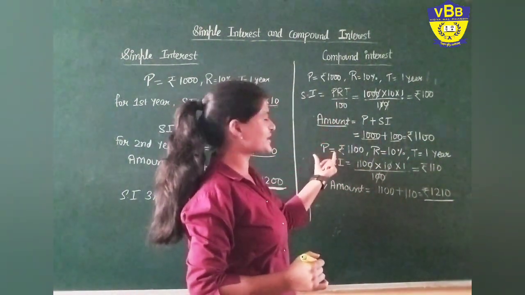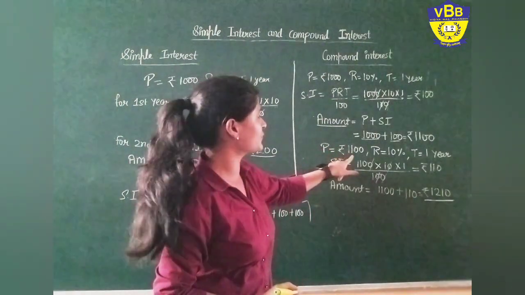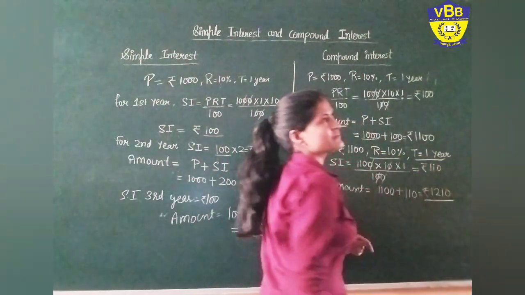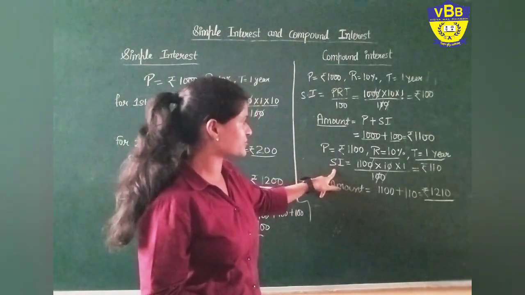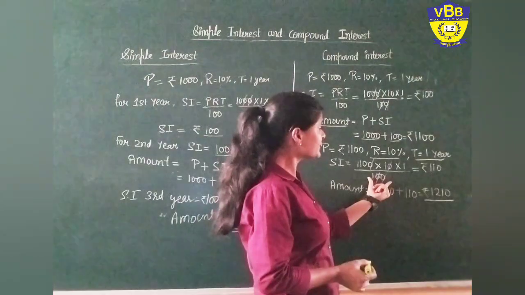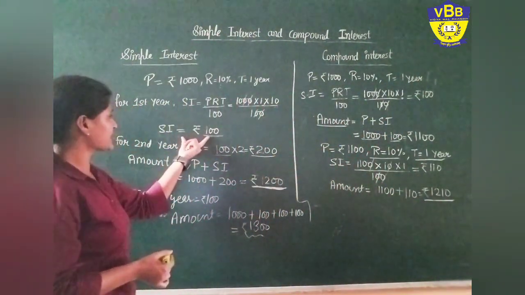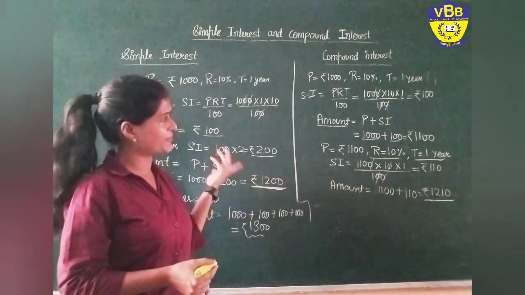This amount will change for the second year, it will become the principal now. Principal is 1100. Same rate of interest and same time period of 1 year. Then interest will be 110. In simple interest, the second year interest is 100 rupees and remains the same.